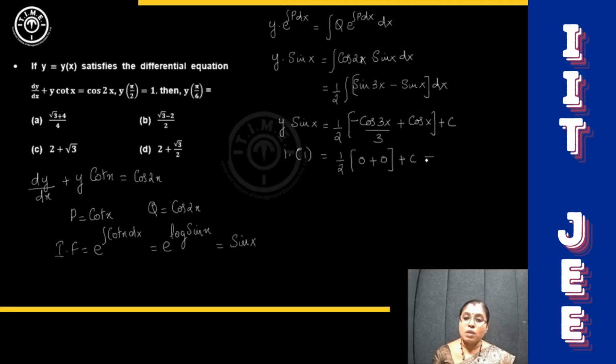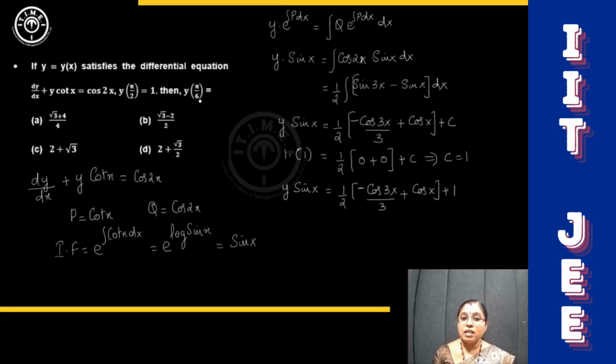So from this we get c equals 1. So your equation becomes y sin x equals half into minus cos 3x by 3 plus cos x, plus 1. Now we have to find y of pi by 6.